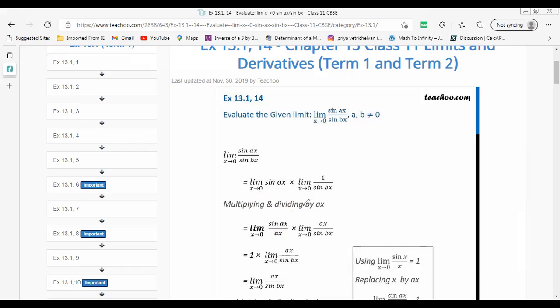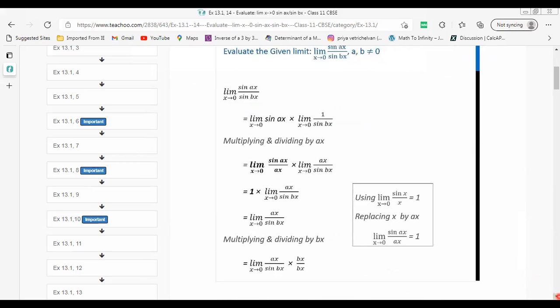So now I can write this step as 1. Understood? And this stays the same. We're not doing any changes in that. So 1 into limit x approaches 0 ax upon sin bx will be the same. We're just multiplying it by 1.